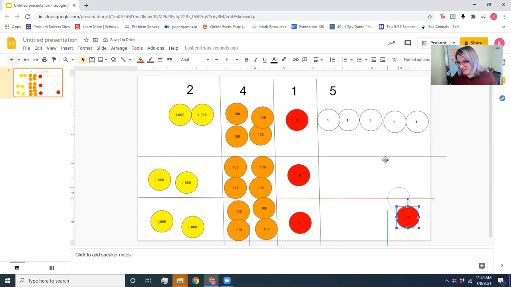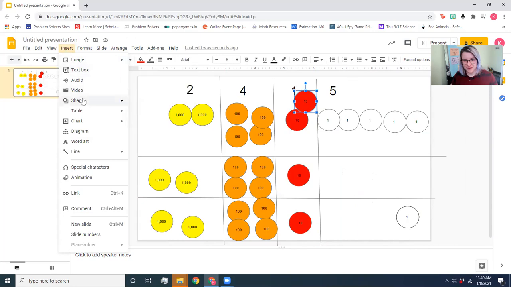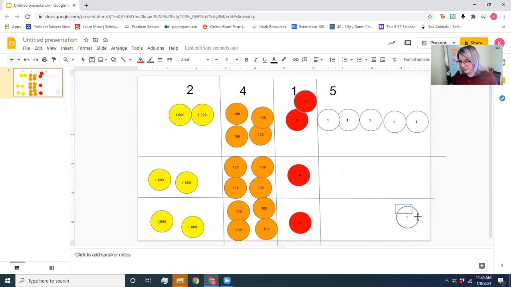And we can move this right into the tens column. And we don't need any of these anymore. So we've got 1, 2, 3, 4, 5 ones left and an extra 10.